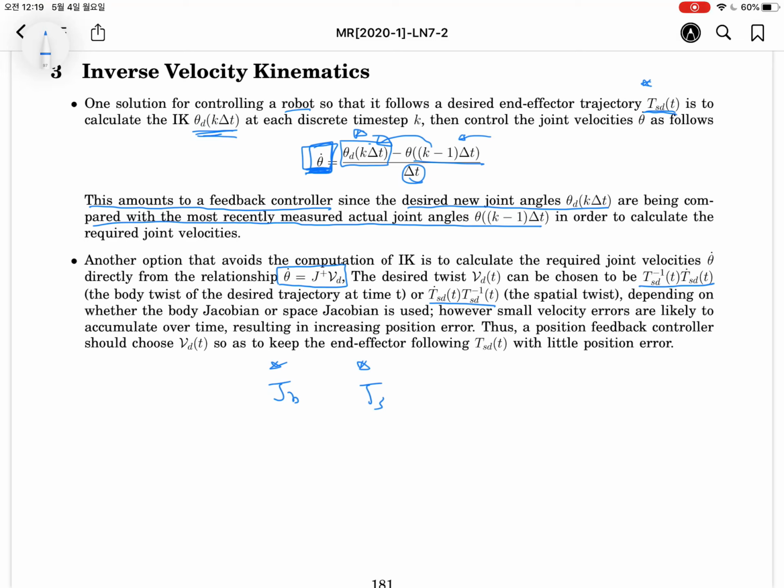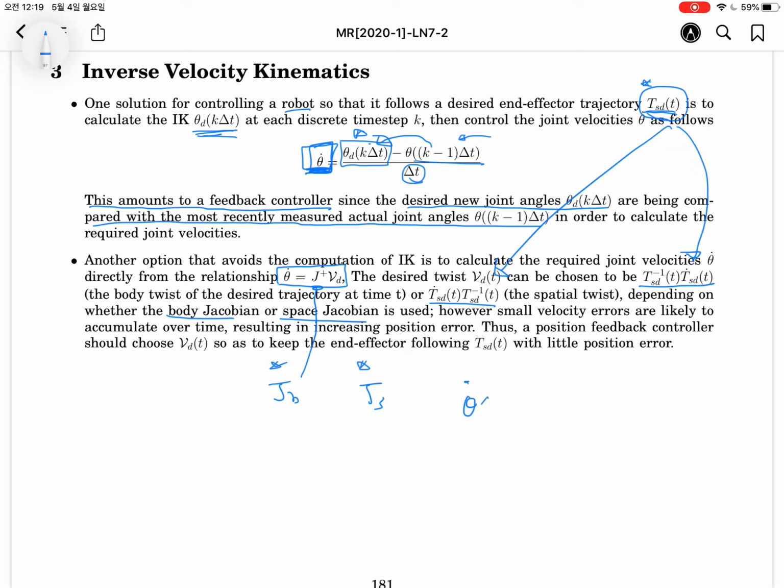Maybe you know how to obtain this matrix. For a given TSD, if we take the time derivative, then we can write down the JB or JS, body Jacobian or space Jacobian. It will be applied here, and then we can get the theta dot.